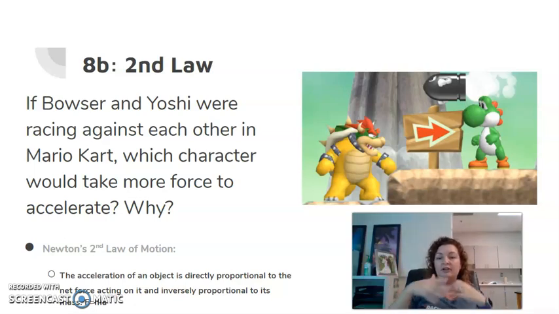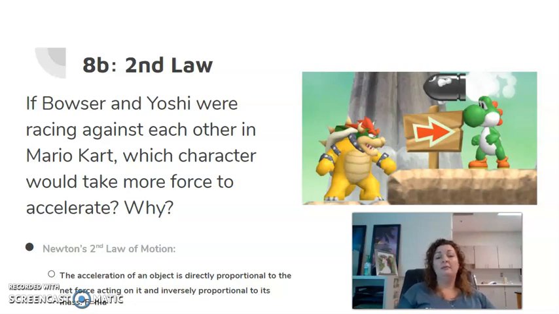If he hits you, you go flying off the road in Mario Kart, right? So as long as Bowser doesn't get hit, he's pretty much going to win. So you have to hit him with a turtle shell or something along the way in order to win against Bowser, because he's definitely going to be going faster than everybody if he's not hurt along the way.